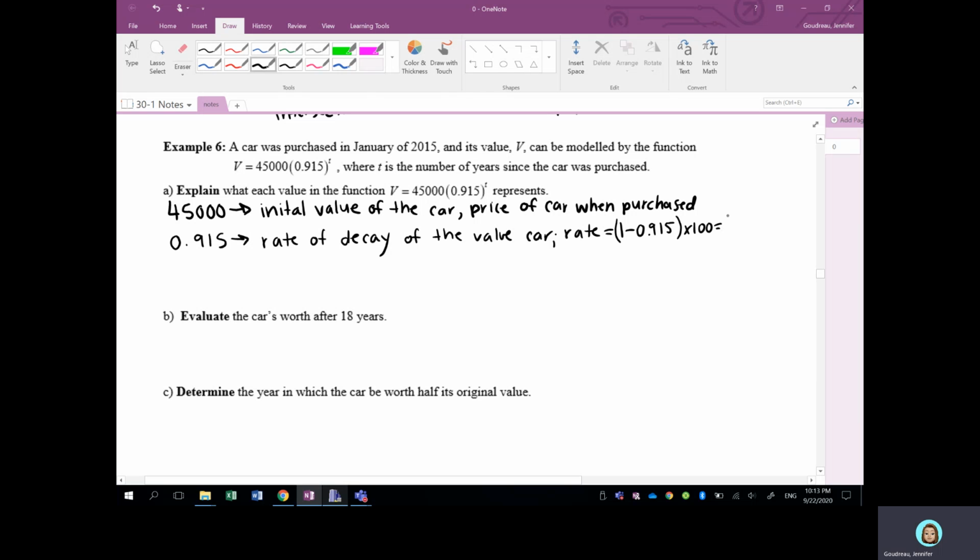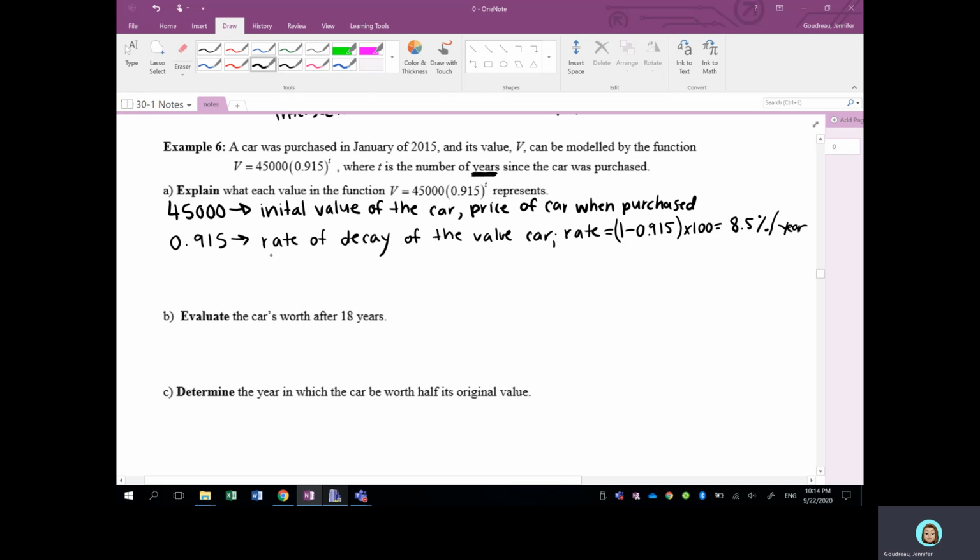What that ends up giving us is 8.5%. So our rate of decay is 8.5%. And because it is in years, we also need to specify that it's 8.5% per year.